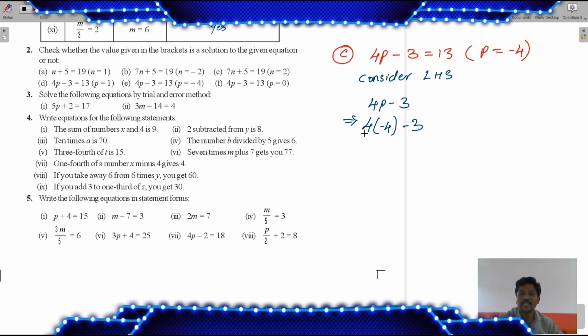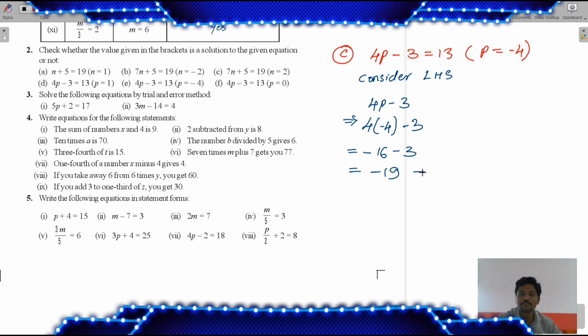First we need to multiply these two, that is plus 4 into minus 4. Plus into minus, minus. 4 fours are 16. Minus 16 minus 3, so it becomes minus 19. Is it our RHS?